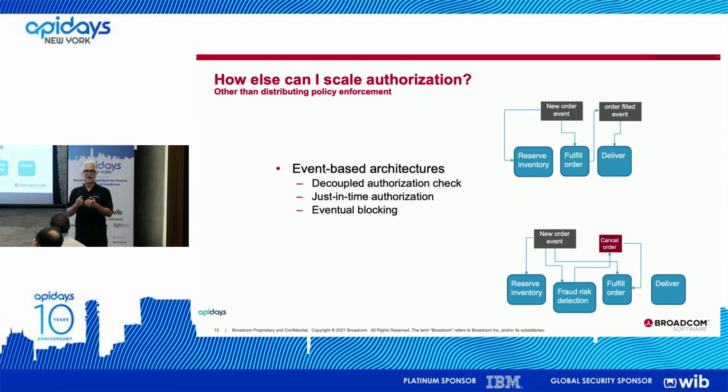And so by extracting the authorization outside of the runtime, the real-time API enforcement, you have the ability to scale your authorization without necessarily having to distribute that intelligence widely. So just-in-time authorization, eventual blocking as well, is a pattern that we see in API security where you are crunching some numbers completely out of band, right? And then you come out with some insights that lead you to block a client or block a token, and these kinds of things can happen completely out of band, and that is another way these things scale.